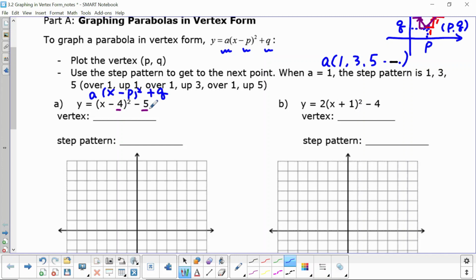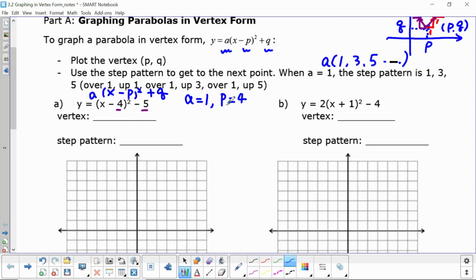This one is a(x minus p) squared plus q. So compare this one with the general form. You will find the a value: if there is no number in front of the bracket, a is 1. Then the p value will be the opposite of whatever is inside the bracket. You can think of solving for x: you move -4 to the other side, then it will be +4.